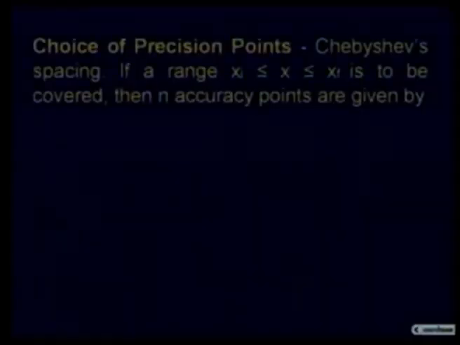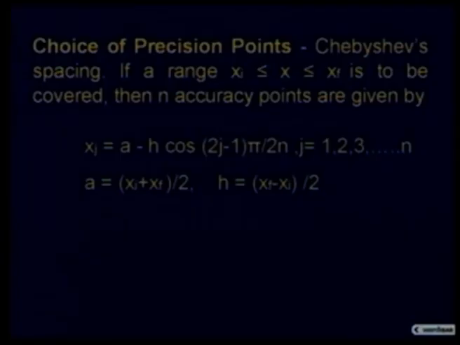Now, to choose the Chebyshev's accuracy points, we take the accuracy points xj, which is equal to a minus h cosine of (2j minus 1) times pi by 2n, where j goes from 1 to n. That means we take n accuracy points, namely x1, x2, x3 up to xn. And in this expression, the variable a denotes the midpoint of the range, that is (xi plus xf) by 2, and h denotes the half of the range, that is (xf minus xi) by 2.